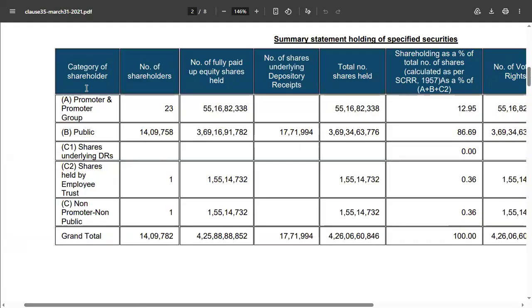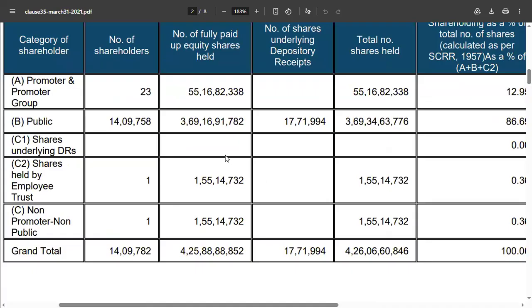So they are divided into groups. The first part is the promoters group. Promoters group means these are the people who actually started the idea called Infosys.